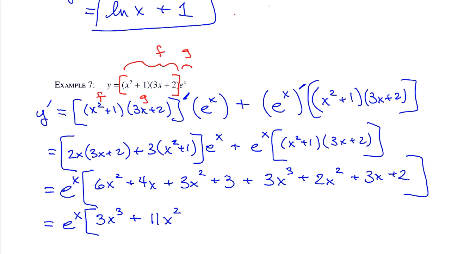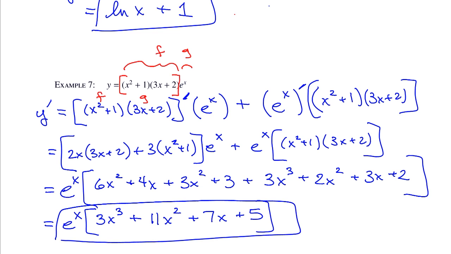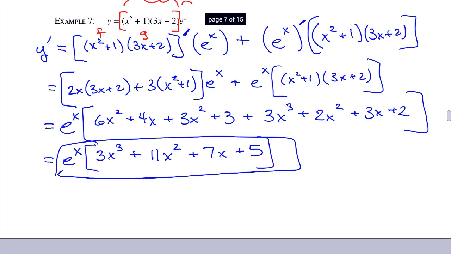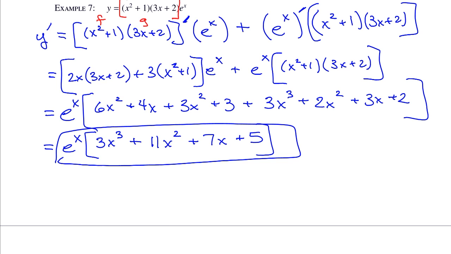There's 4x, and then 3x, so that is 7x, and then 3 and 2 is 5. There she is. All right, questions?